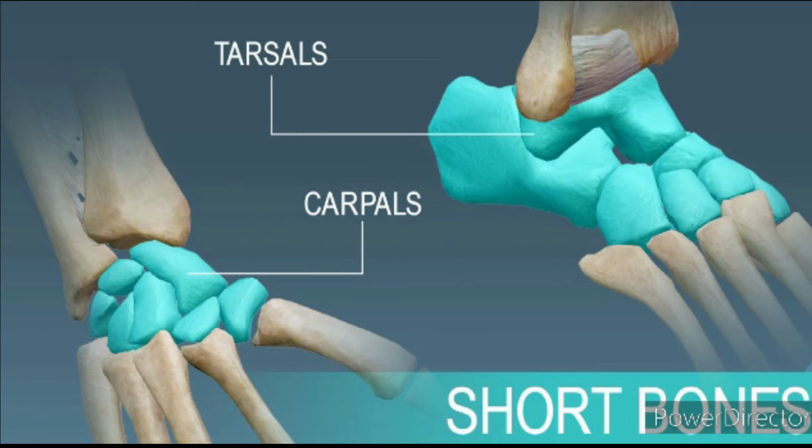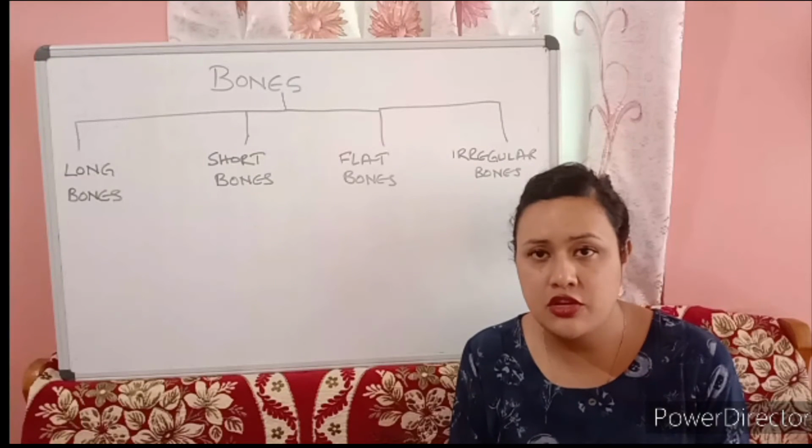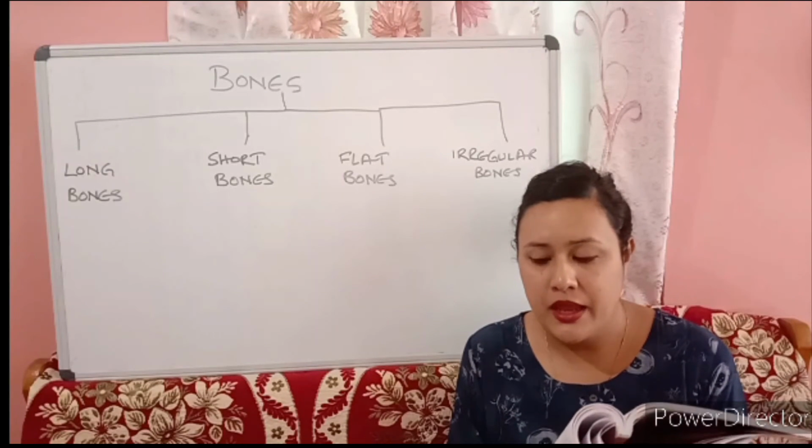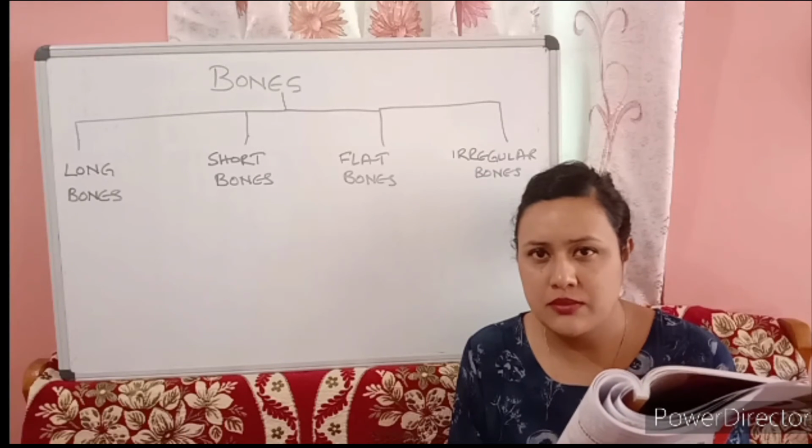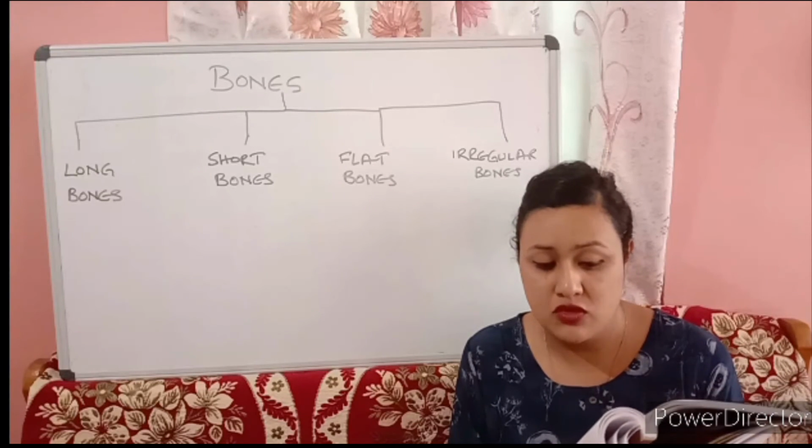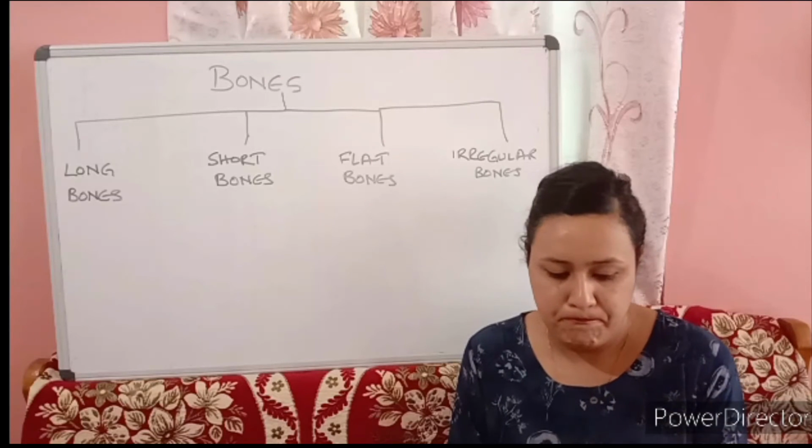For example, the short bones of the carpals and tarsals of your wrist and your foot bring a little movement. You can move your hand and fingers, and your leg, through your carpals and tarsals. They exhibit some little movement. So these short bones are present there.